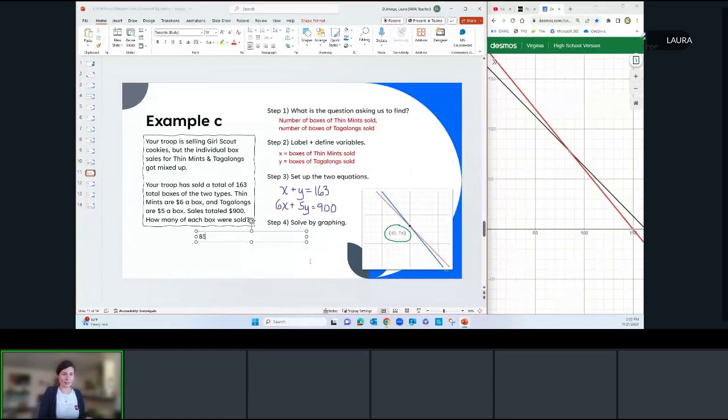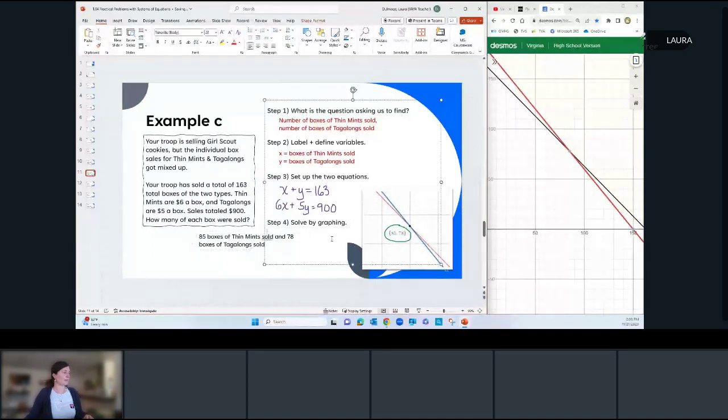So there were 85 boxes of Thin Mints sold. And the other number, 78, that's Y. Y is Tagalongs. 78 boxes of Tagalongs sold. And there we have it.